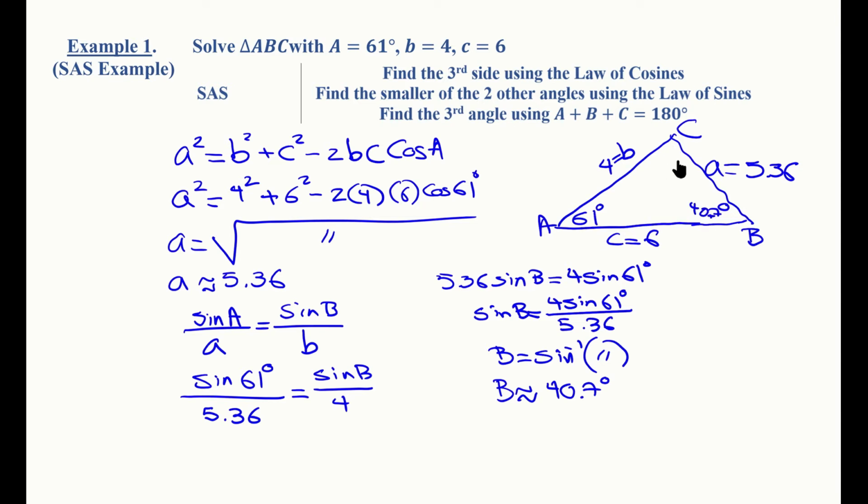We can simply use the fact that the sum of the interior angles of a triangle is 180. So C is going to be 180 minus 61 minus 40.7, and you'll want degrees on all of those.